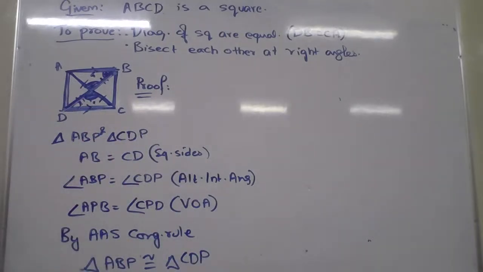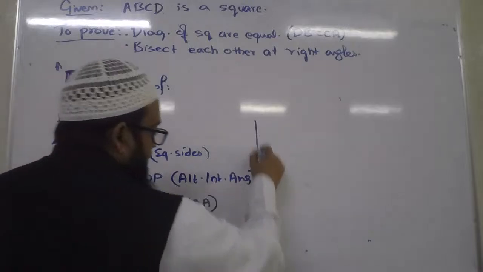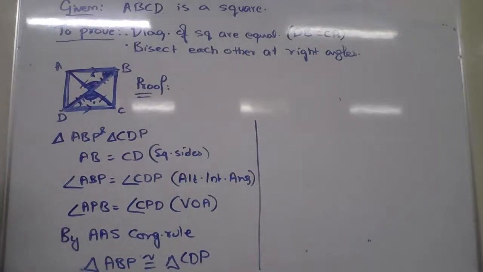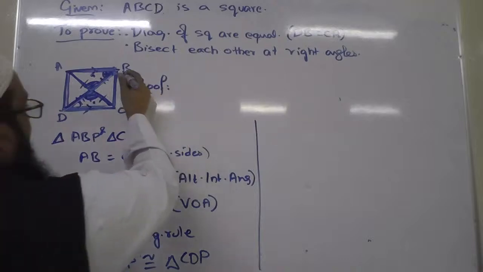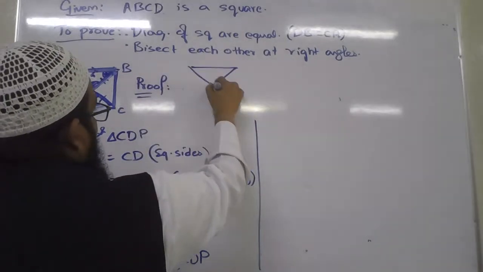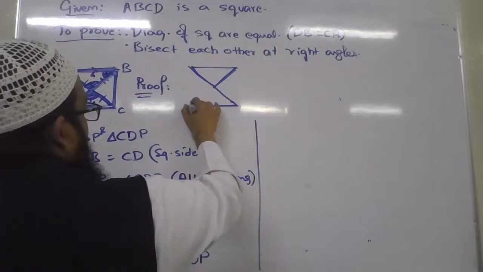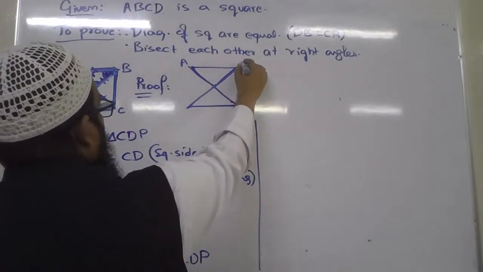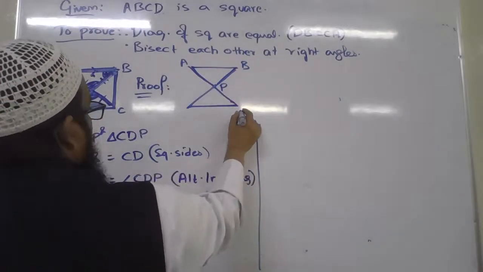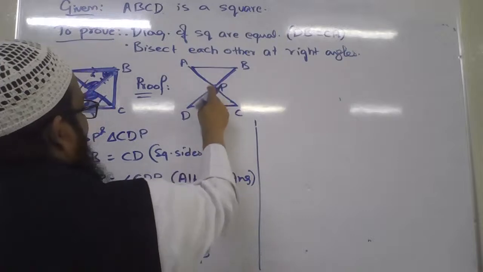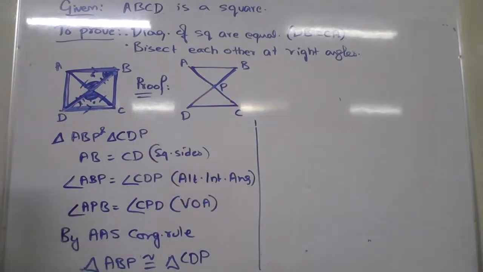So when these two triangles are congruent, what is CPCT? See, I'll draw this figure separately like this. So this is ABP and this is CDP. And now you have proved that these two triangles are congruent. So what do we get by CPCT?